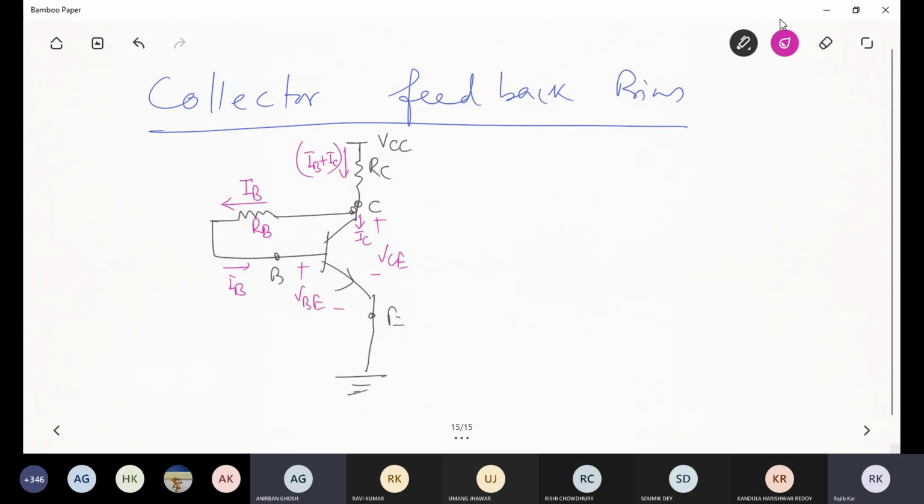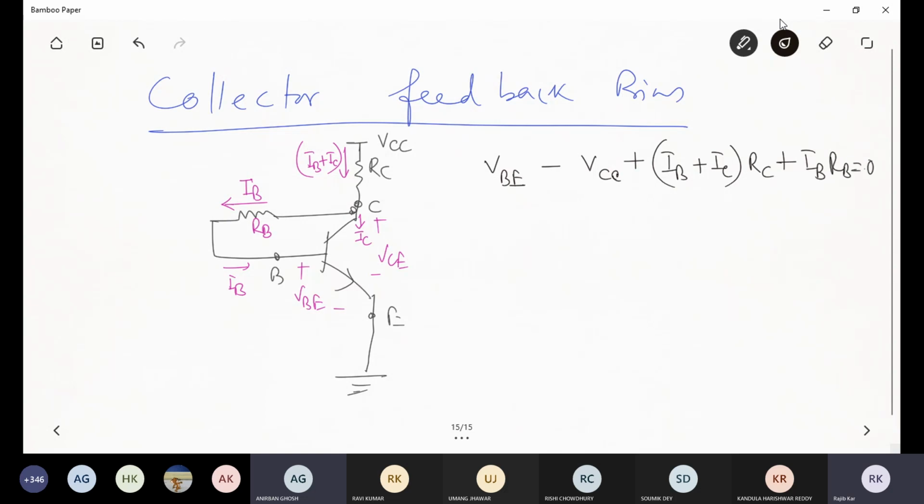Now take the input loop, because the input loop will give you the IB value, and the output loop will give you the VCE value. Directly I have written IB plus IC times RC, plus IB RB.